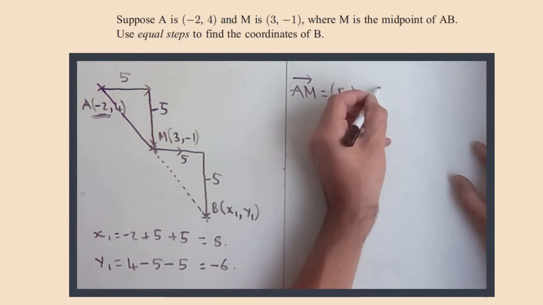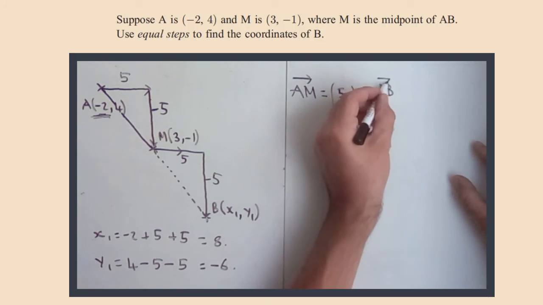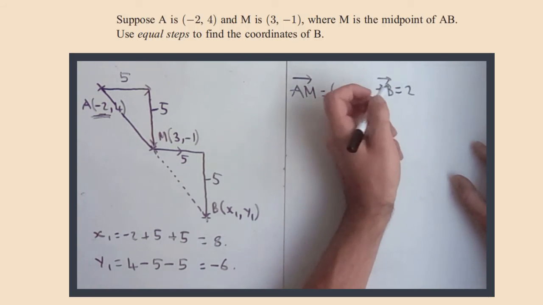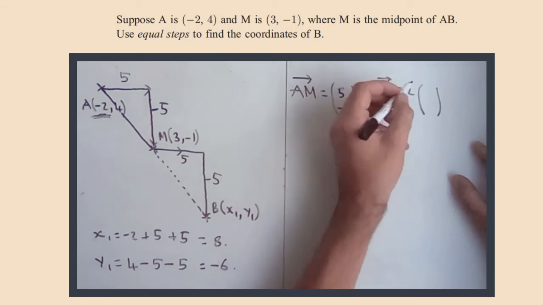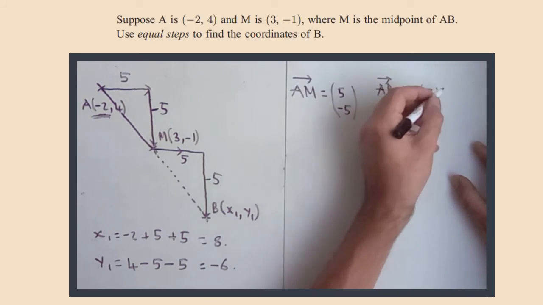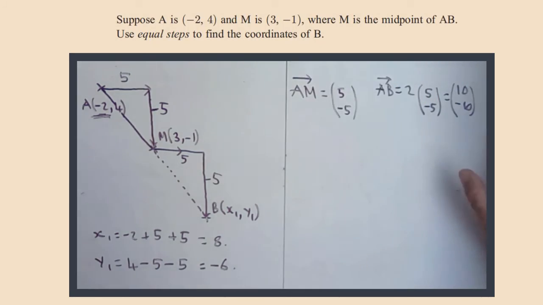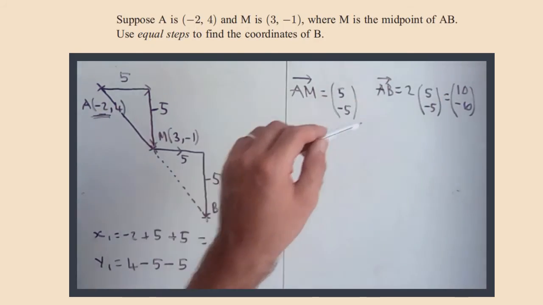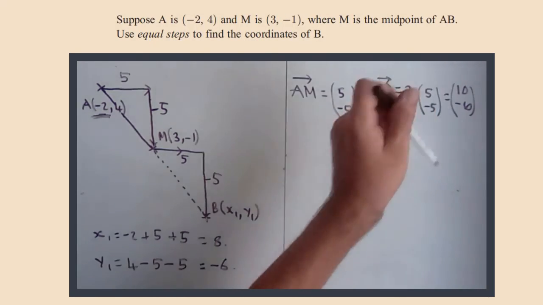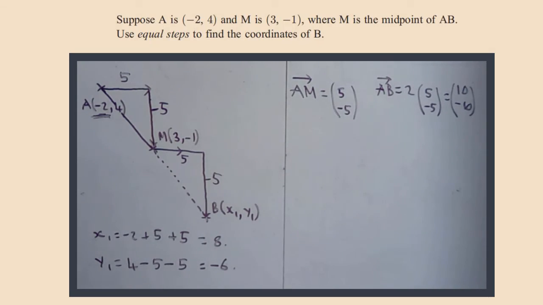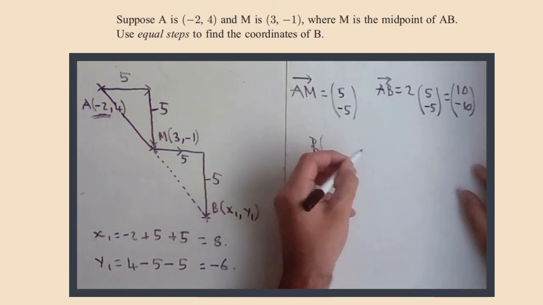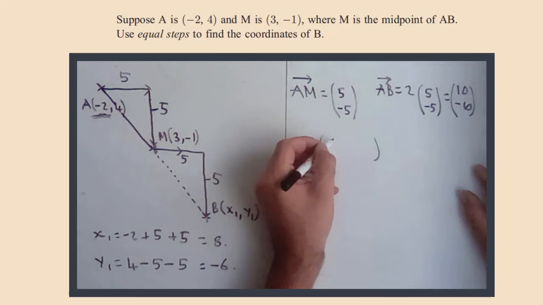So from A to B, it's going to be 2 times AM, which is 2 times (5, -5), which is (10, -10). So what that means is you start at the coordinates of A and you add 10 to the x coordinate, and you take 10 away from the y coordinate, which is exactly what we did anyway. Both methods, you're going to end up with B being at (8, -6).